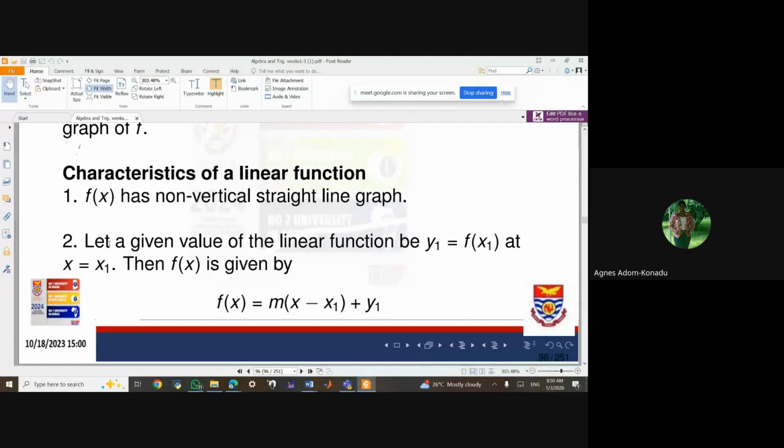And then let a given value of the linear function be y1 is equal to f of x1 at x is equal to x1. Then my f of x is given as f of x is equal to m into bracket x minus x1 plus y1. Okay, so we know this. If we use y minus y1 is equal to m into x minus x1, then the equation is given as this.